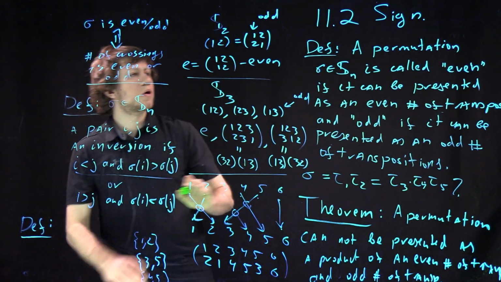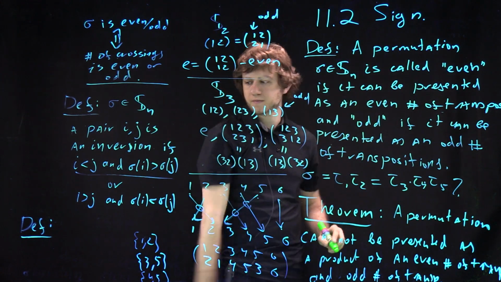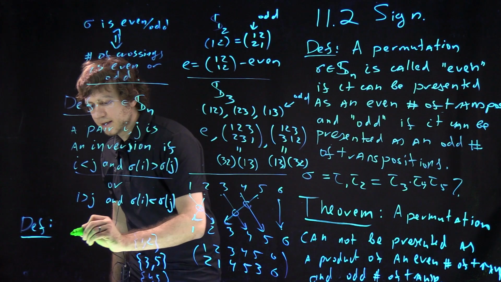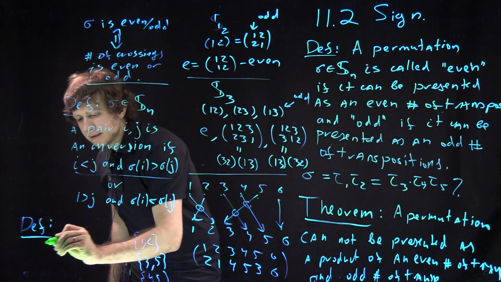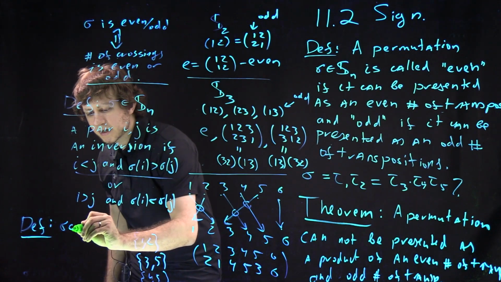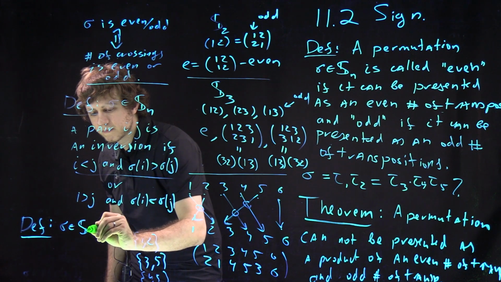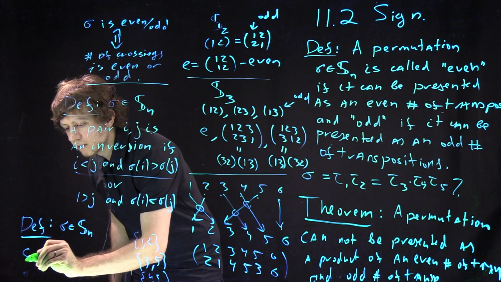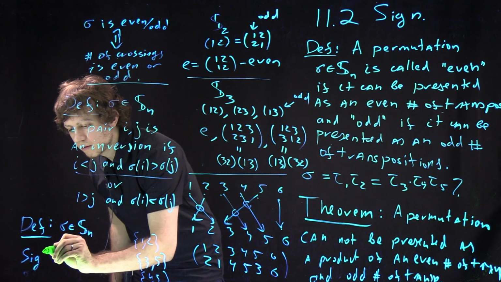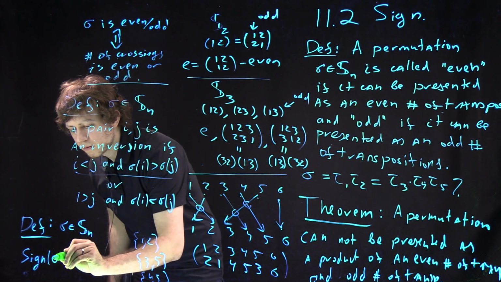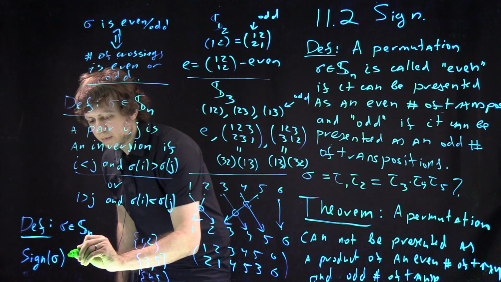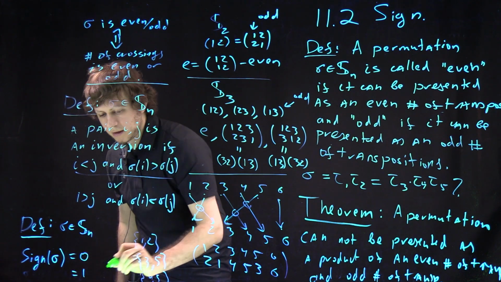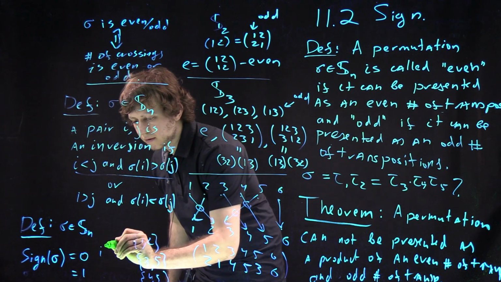And please ignore this definition for a moment. So I define, if sigma is inside Sn, so I define sine of sigma. So it will be 0 or 1.